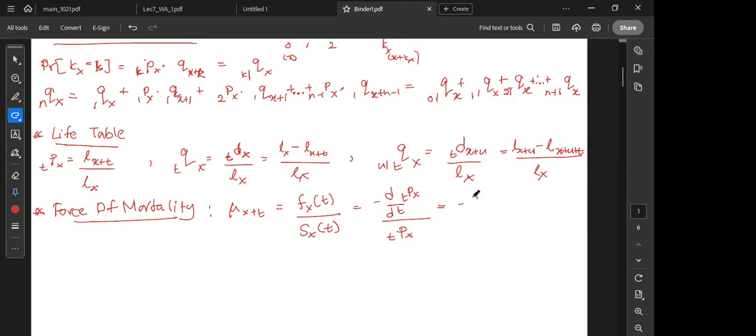And we have the number of survivors at time t, and the same quantity can be defined using the number of survivors like this, because we know that this one is given here, Lx plus t divided by Lx. Lx is a constant for both cases because it doesn't include any part from t, so we can cancel those out and have this form for the force of mortality as well.